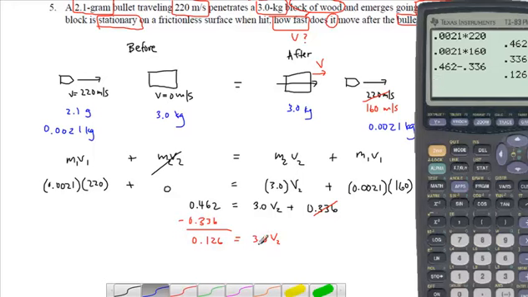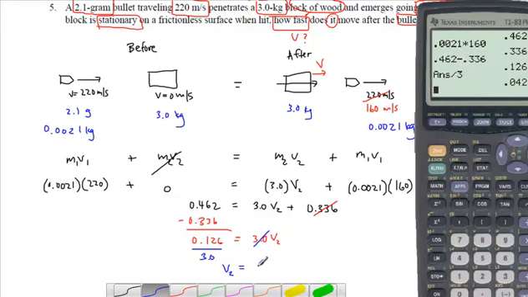Then the last step is to divide this by 3. So v2, the final velocity of the block, is just this divided by 3.